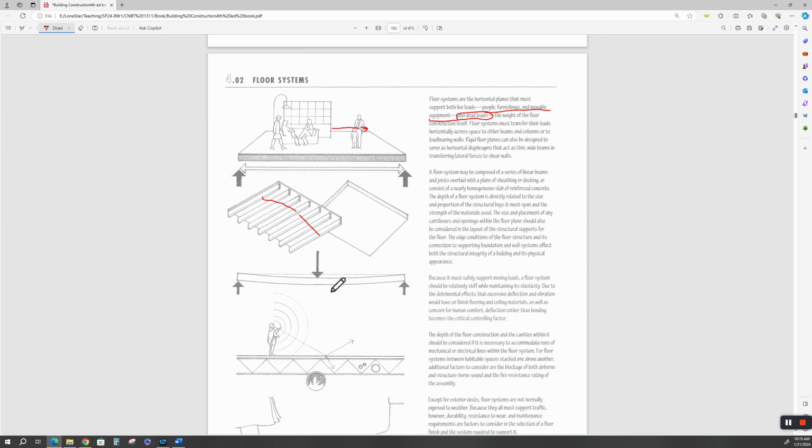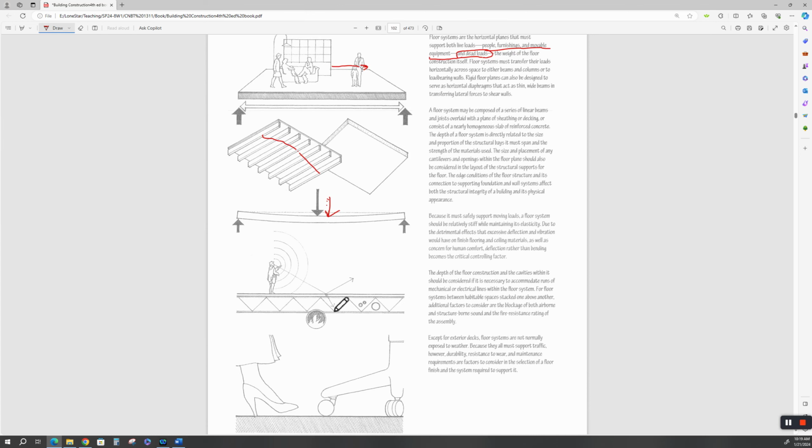I mean, nobody wants to have a second floor or a third floor that is like a trampoline. Everything has a deflection. So its floor system has to be stiff enough to reduce the bounce. The bouncing.